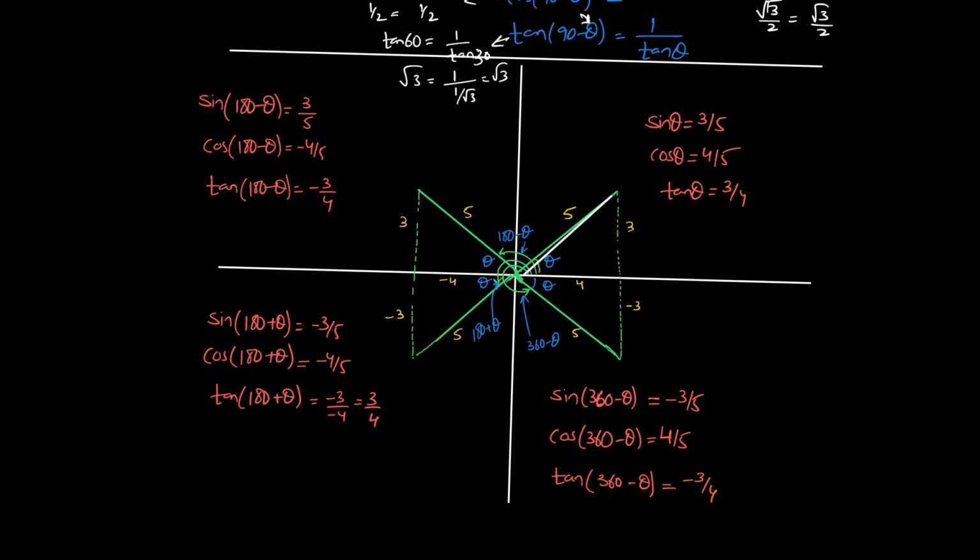So if your triangle is formed in the first quadrant, this length would be opposite, this length is your adjacent, this was your value of theta, and this is your hypotenuse. So sine theta is 3 over 5, cos theta is 4 over 5 and tan theta is 3 over 4.